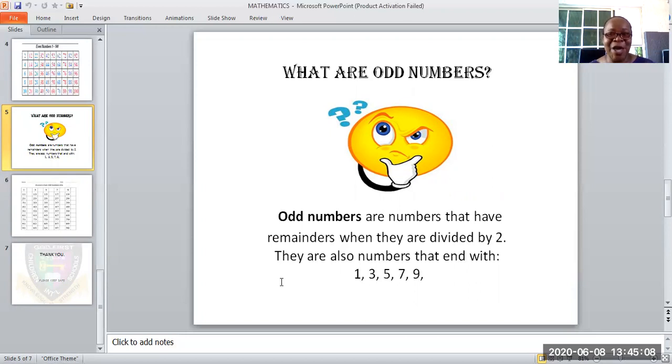Are we clear? Beautiful. Now, number 2. Write down 3-digit numbers showing odd or even number. 3-digit numbers showing odd, and on the other side, even number.